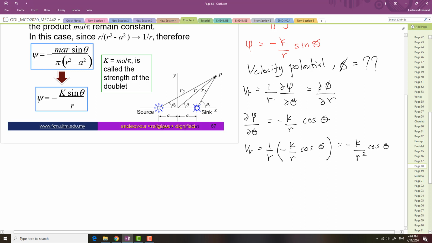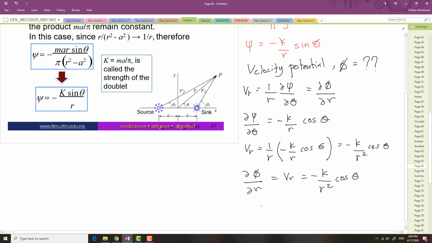Okay, so from this relation, d phi over dr equal to Vr equal to negative k over r square cos theta.